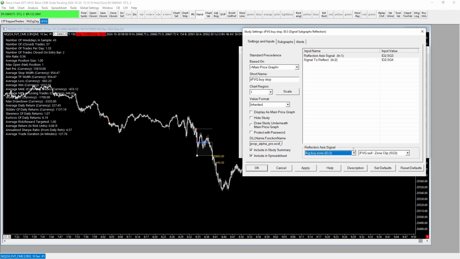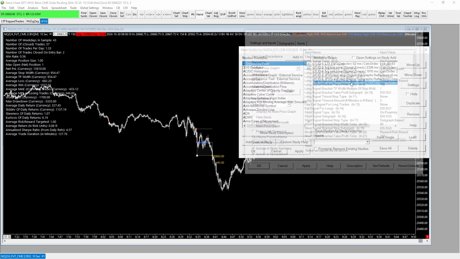So for this, the sell zone clip here is my axis, and this one is the signal to reflect, the opposite side of the IFVG zone, which would have been my stop traditionally. I'm flipping it over here to use that reflected signal as my stop and use the top of the zone as my take profit target.